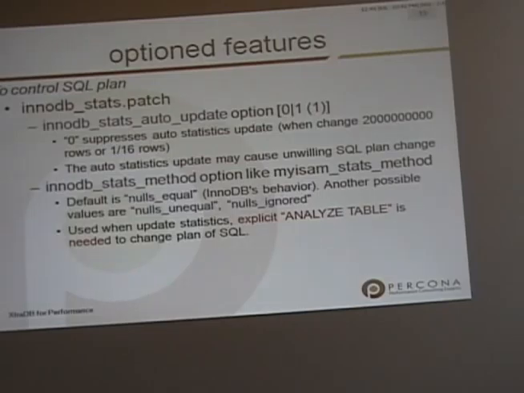The question is why treating nulls as unequal is useful. If you have many nulls in one table, from a statistics standpoint, the cardinality is underestimated.